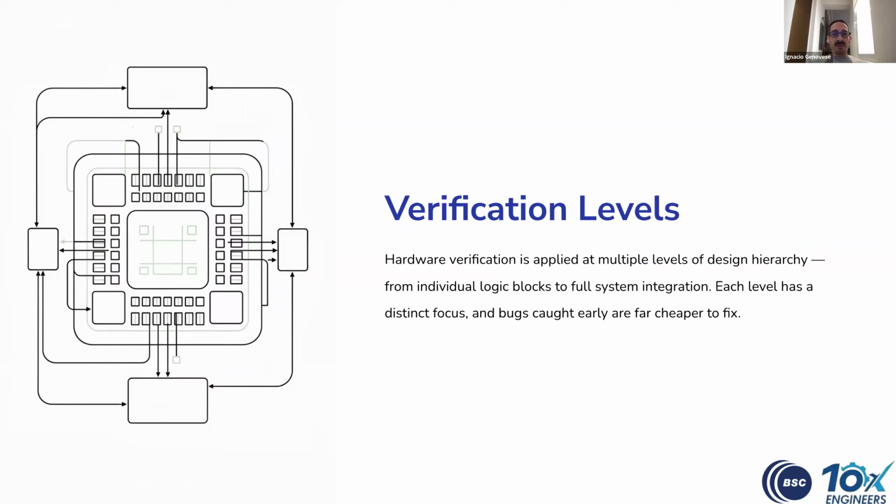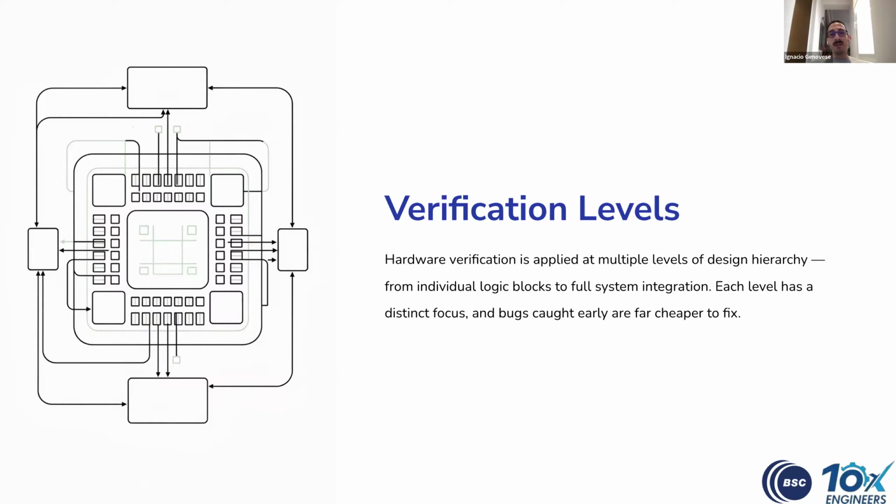Verification happens at multiple levels, from individual logic blocks to full system integration. Why do we have so many levels? Because each level focuses on a different thing. Unit level tests find local bugs cheaply, while system level verification finds integration bugs that unit testing might miss.